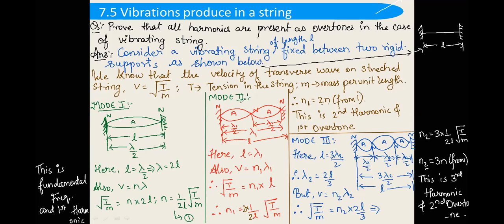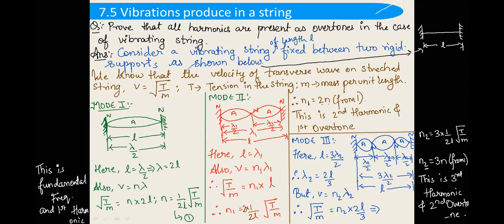So practically the second harmonic is present. If we are getting the second harmonic, it will be called the first overtone. Then practically we are able to get the third harmonic, so if it is present, it is called the second overtone.